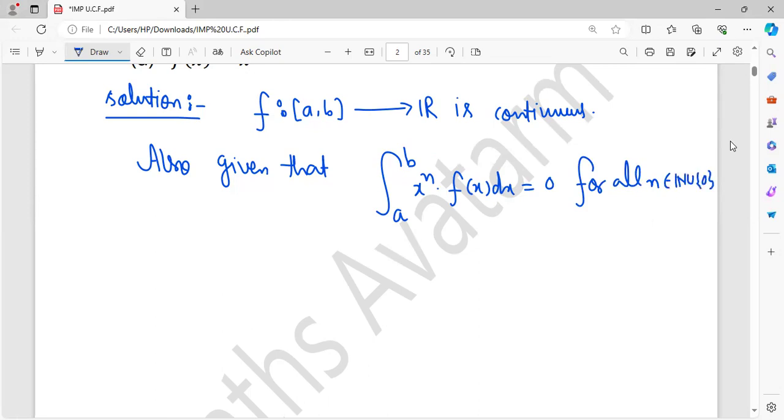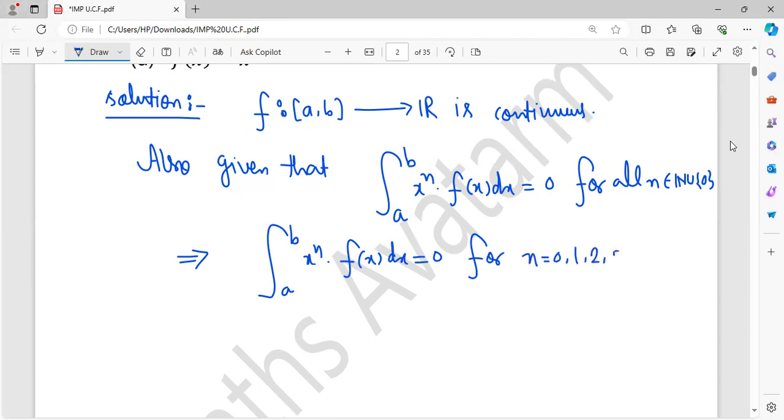Okay. So what does it mean? It means the integral from a to b of x to the power n f(x) dx is 0 for n equal to 0, 1, 2, 3 and so on up to infinity.